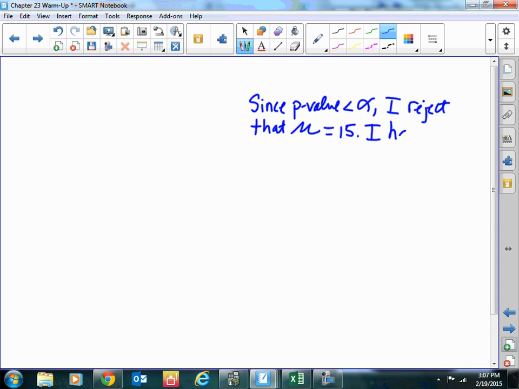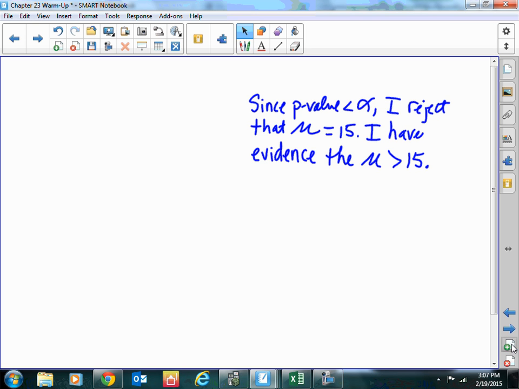I have evidence the average of the students' hours is greater than 15.